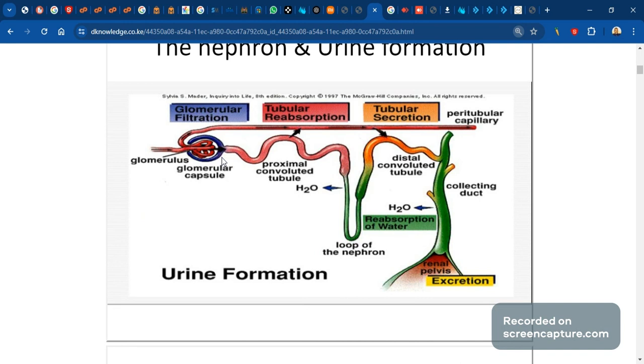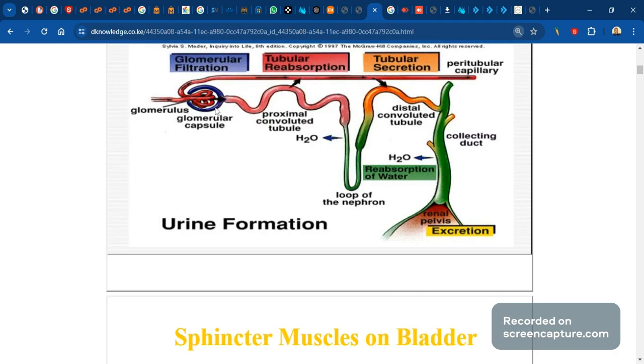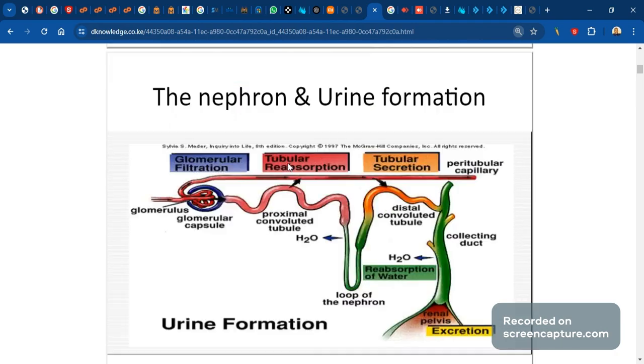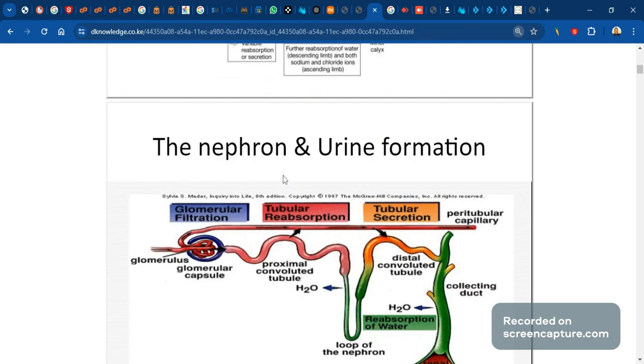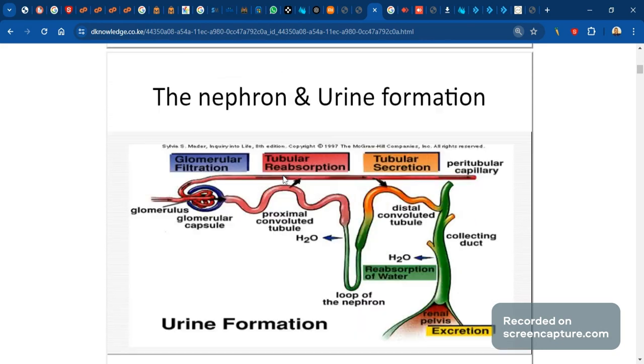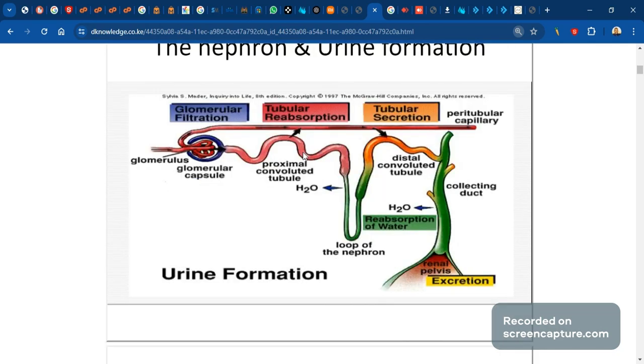Then the filtrate gets into the proximal convoluted tubule, which is mainly water, glucose, amino acids, vitamins, mineral salts, and even some drug compounds which are supposed to be excreted. If you are on some drugs which are renally excreted, they use the kidneys for excretion, then you'll find them also as a component of this filtrate.